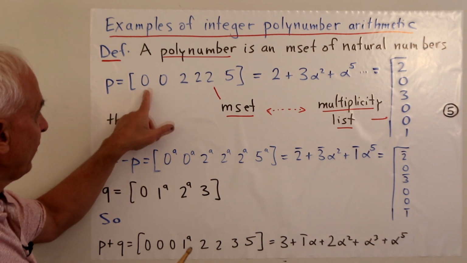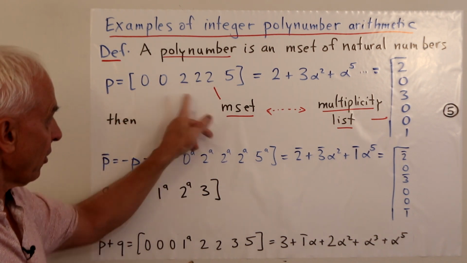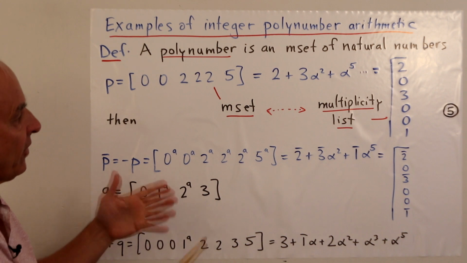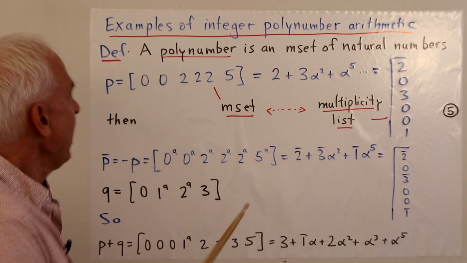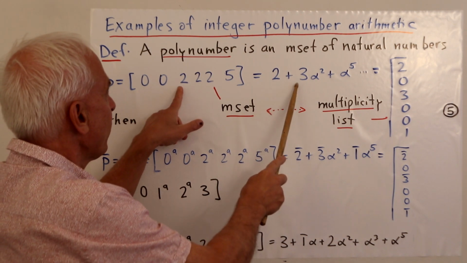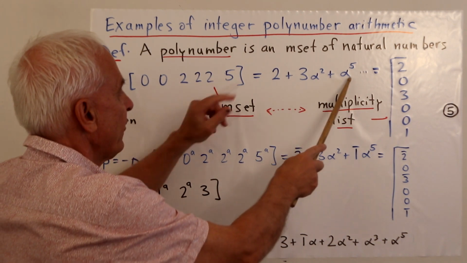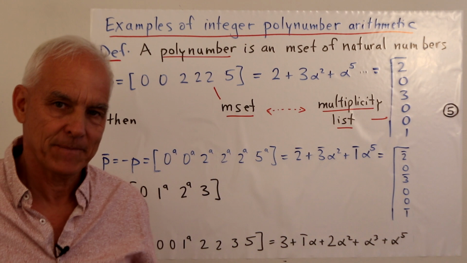P is the M set 0, 0, 2, 2, 2, 5. These are all natural numbers, and this has an interpretation in terms of more usual notation as 2 plus 3 alpha squared plus alpha to the 5.